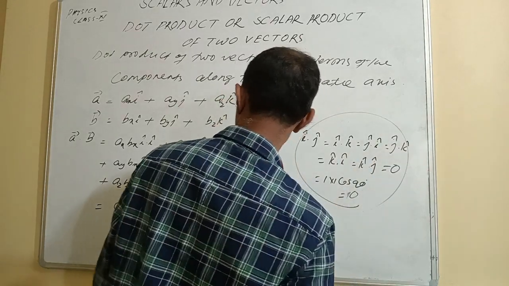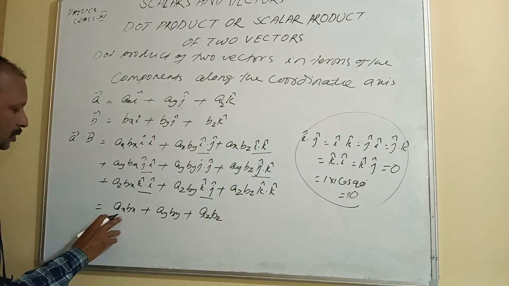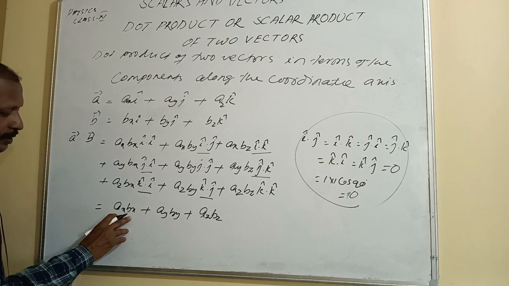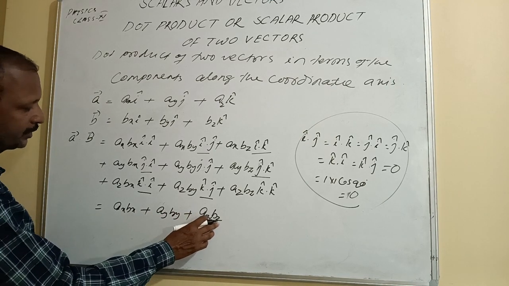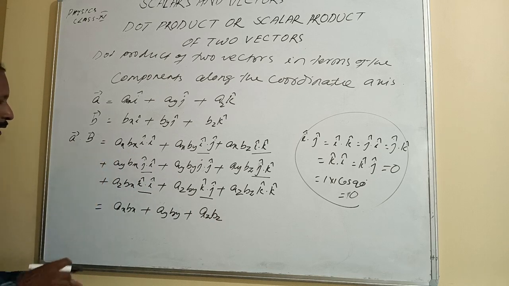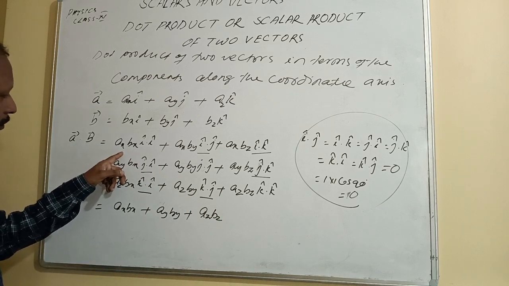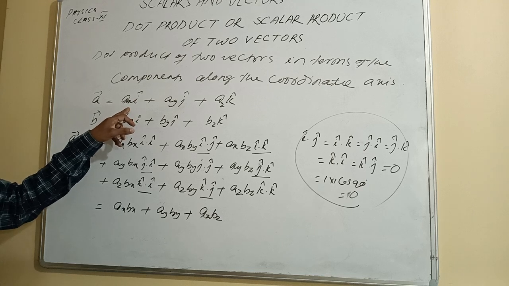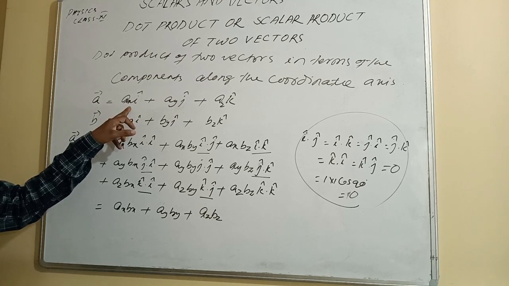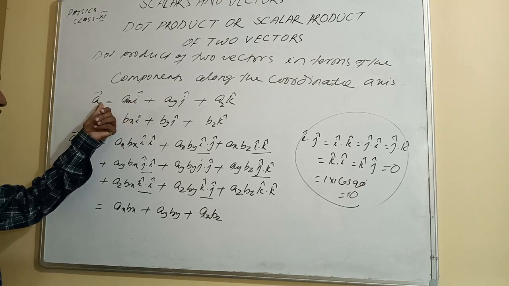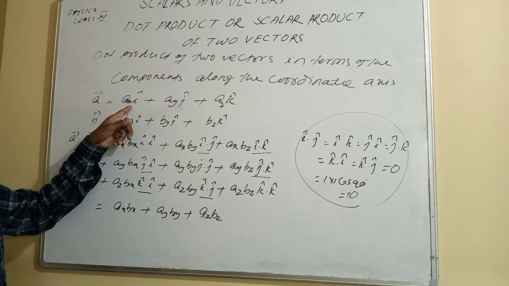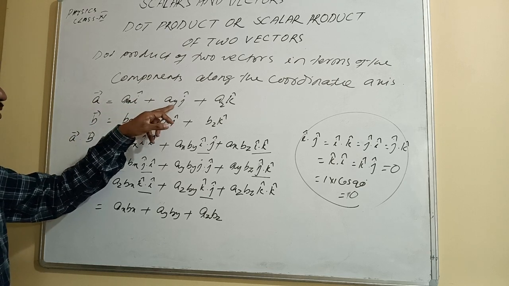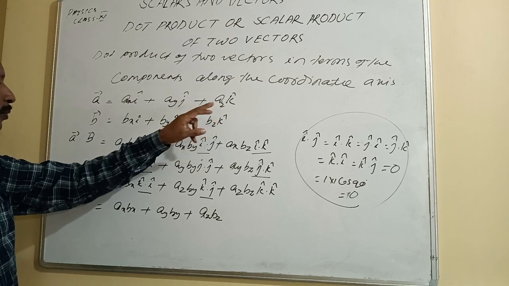Okay. So for that purpose I have mentioned Ax, Bx, Ay, By, Az, Bz. Here x is the component along the x axis. For vector A there is an x axis component, y axis component, z axis component.